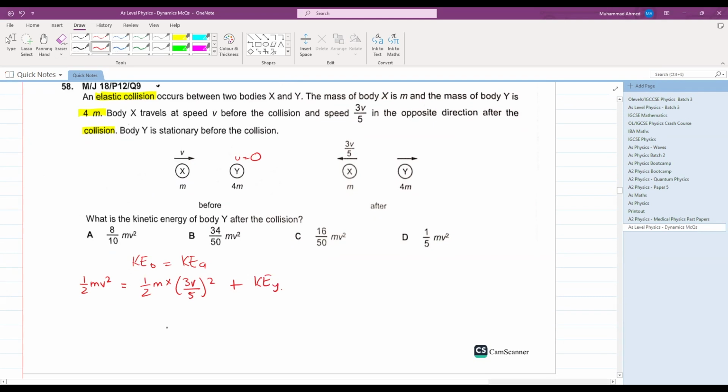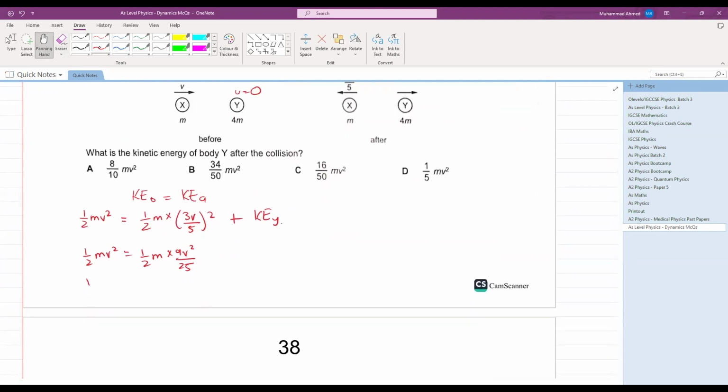Now, 1 upon 2 m v square is equal to 1 upon 2 m into 9v square divided by 25. Take this to the other side. 1 upon 2 m v square minus 9 m v square over 50. Subtract it: 1 over 2 minus 9 over 50.